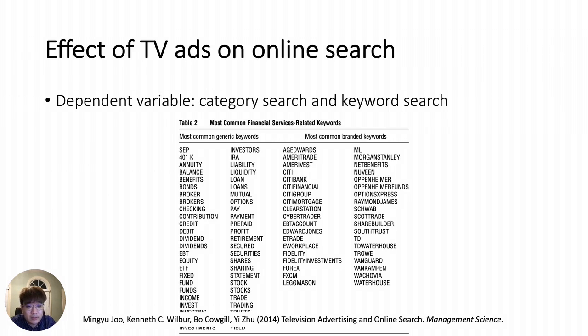Generic keyword searches are search queries not limited to a specific brand, like credit and invest. Whereas brand keyword searches are search queries directly related to a specific brand, like TD Ameritrade.